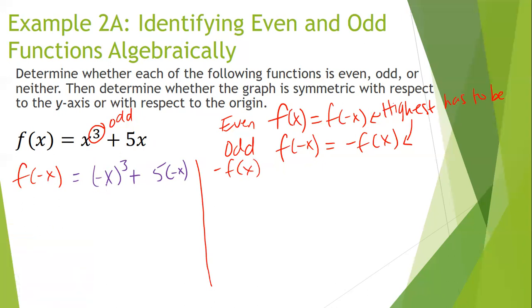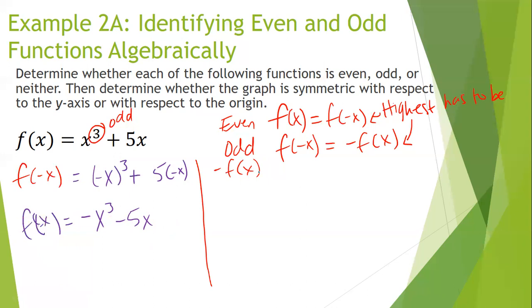A negative times a negative times a negative is still a negative. And 5 times negative x is negative 5x. So that's what I got on this side. So f of negative x equals negative x cubed minus 5x.